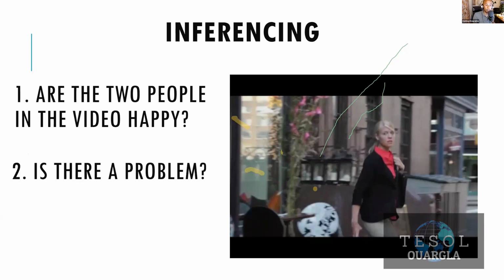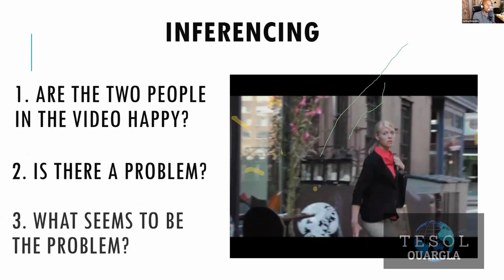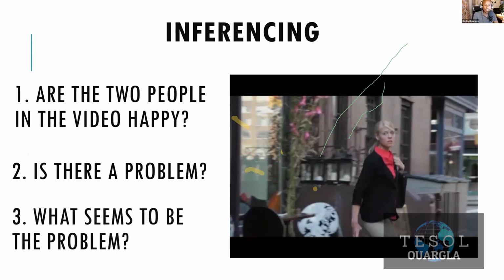Is there a problem? What seems to be the problem? Now, you might say, you are revealing too much by giving them the questions before. Yeah. And if you are revealing too much, is this a life or death situation? No, it isn't. So give them as much background as possible.